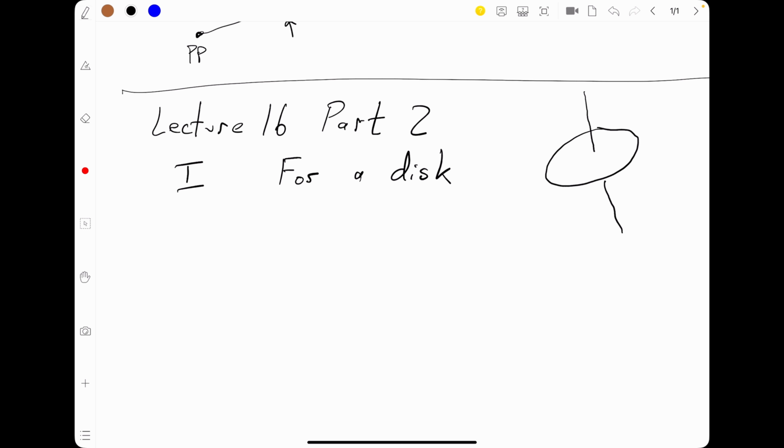All right, and it also has, I'm not doing this justice, it's got a width, right? It's got some width to it.